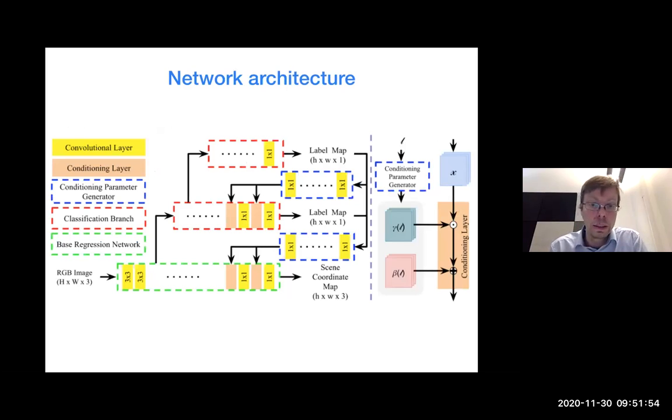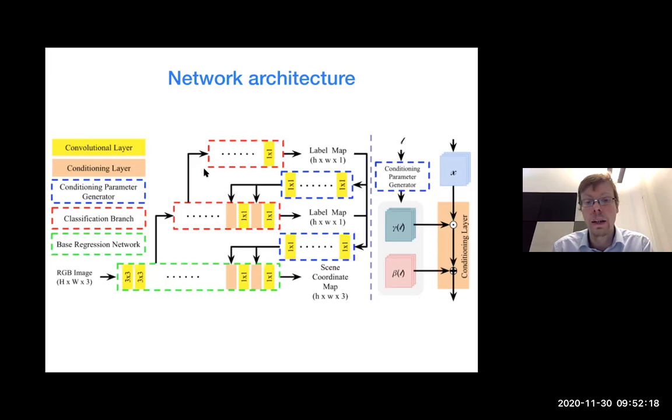And how we do it is done with this kind of neural network architecture, where on the left-hand side, we take the input image, which is a color image with 3 color channels and with H pixels high and W pixels wide.